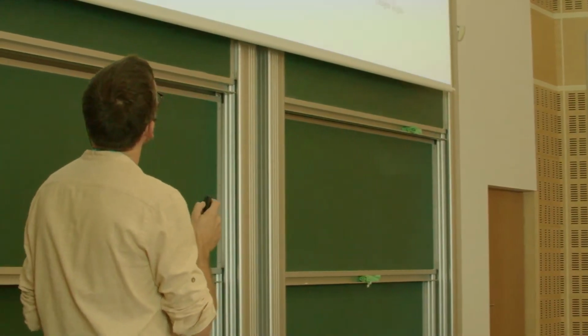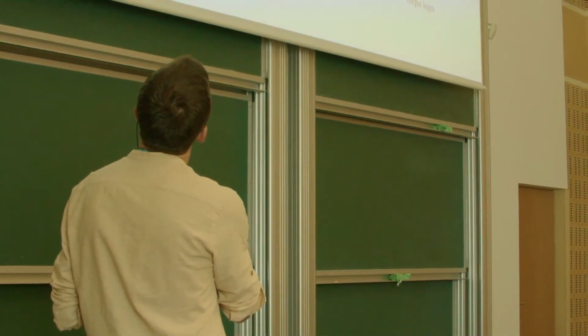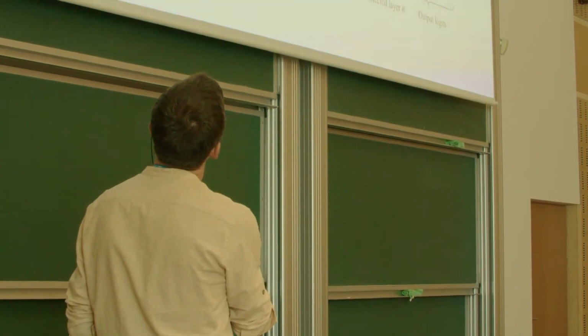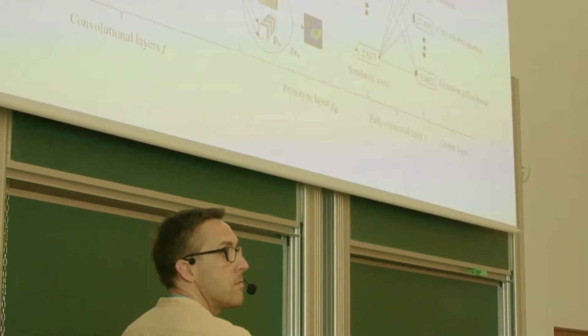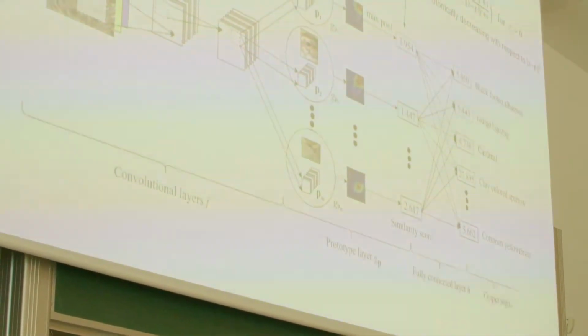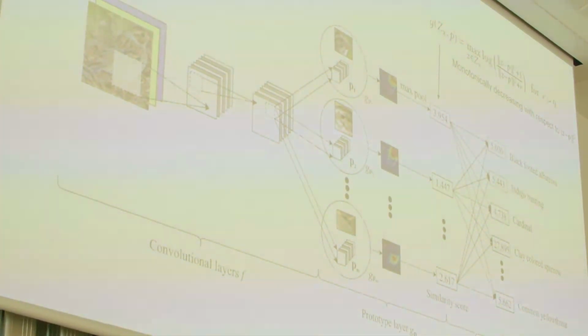But let's look at it like that. This patch is represented by this vector, but you just use this patch after you train the whole network.